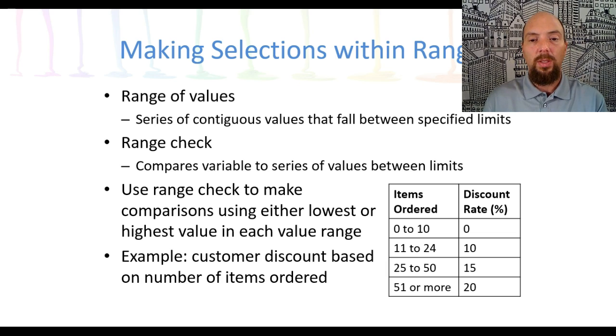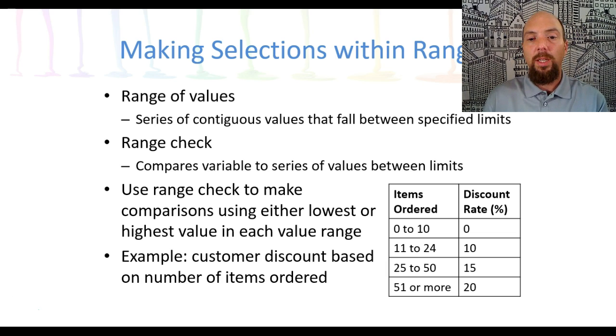So what I can do is, if the number is greater than or equal to 1 and less than or equal to 10, then we will do something. But if it's not, then maybe we throw an error and say, hey, you didn't type the number within the correct range. So a range check is just allowing us to see how much of a range we can have and still be true.